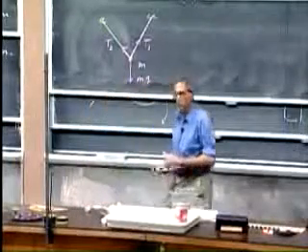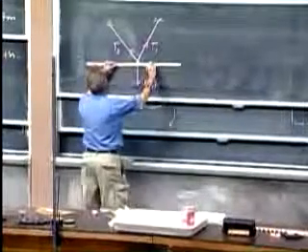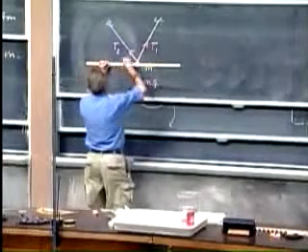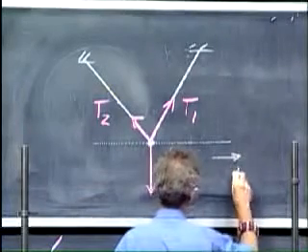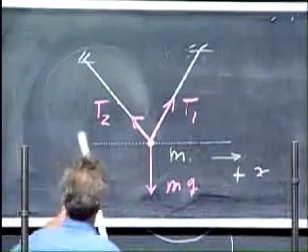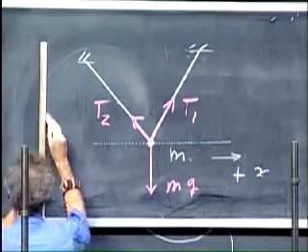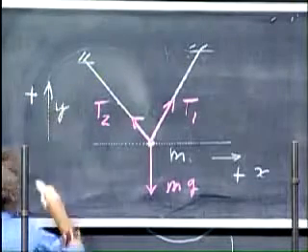There are various ways you can do this. One way that always works, pretty safe, you call this the x direction. You may choose which direction you call plus. I call this plus. I call this negative. And you could call this the y direction, and you may call this plus and this negative.